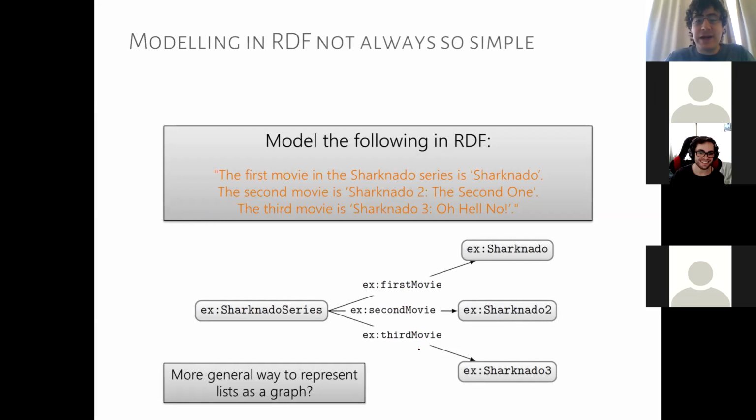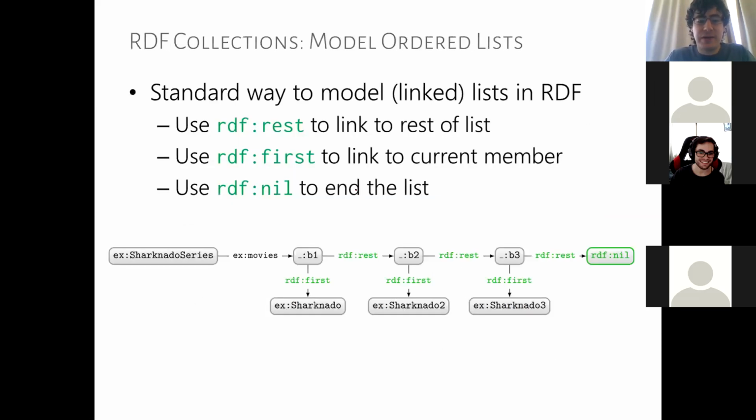The RDF standard actually proposes one way, which is called RDF lists or RDF collections. The idea is much like the data structure of a linked list that you might have seen in a course before. We set up nodes that refer to lists. This list here refers to the empty list, rdf:nil. Essentially, we link lists to their sublists.